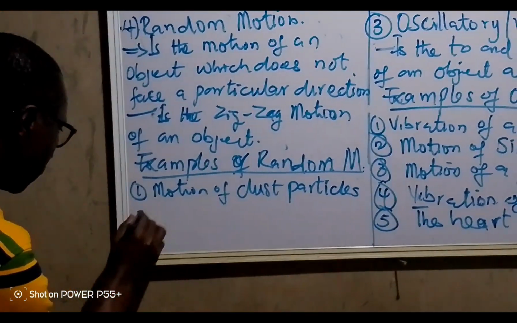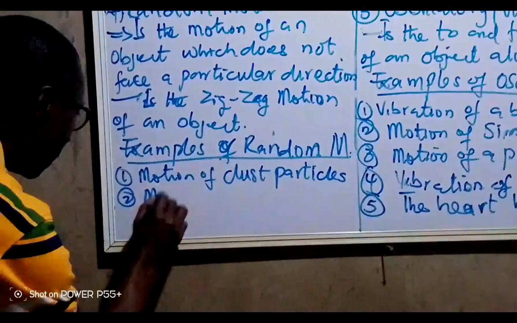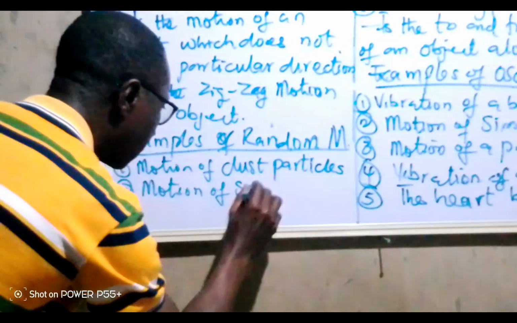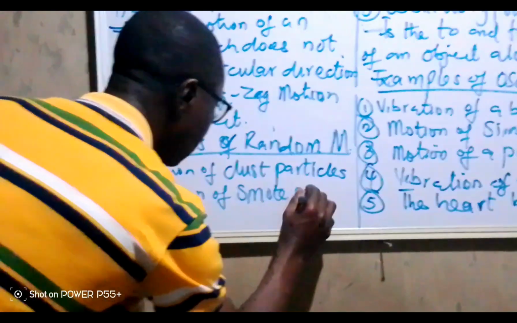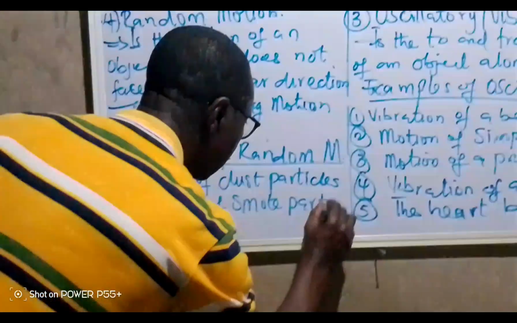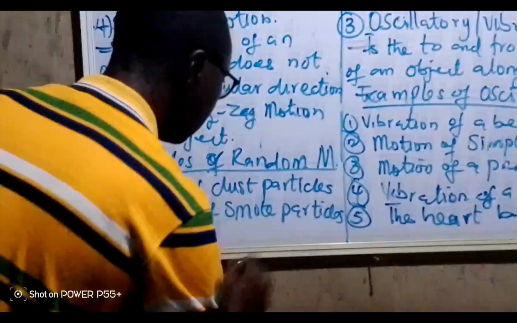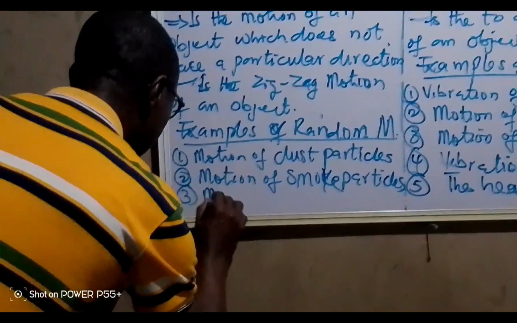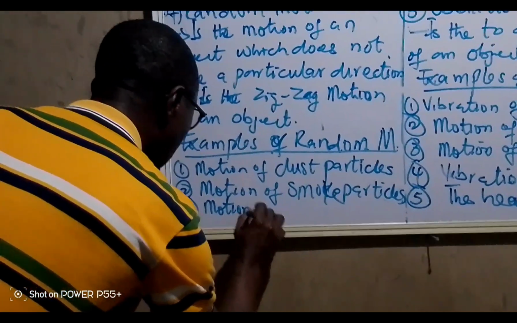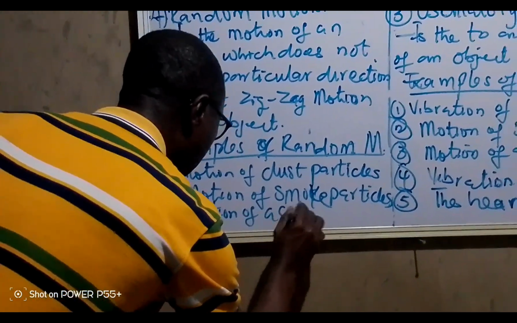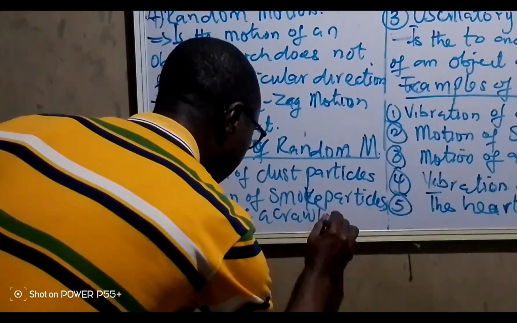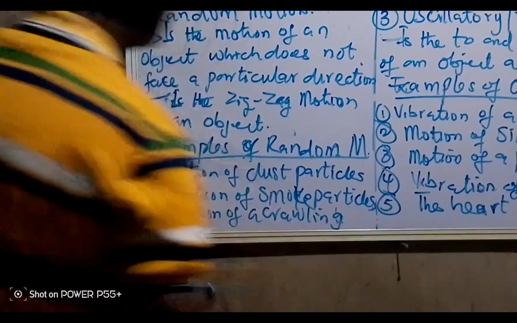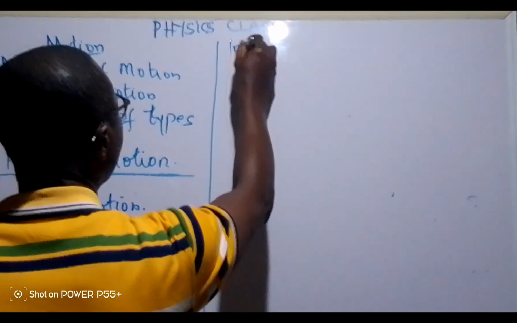Number 2, motion of smoke particles. Number 3, motion of a crawling insect.